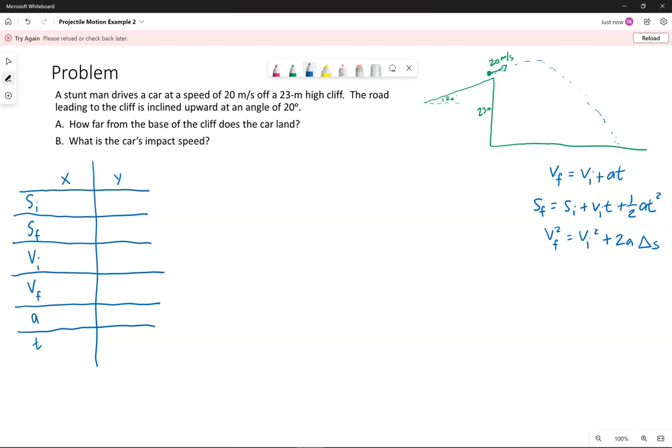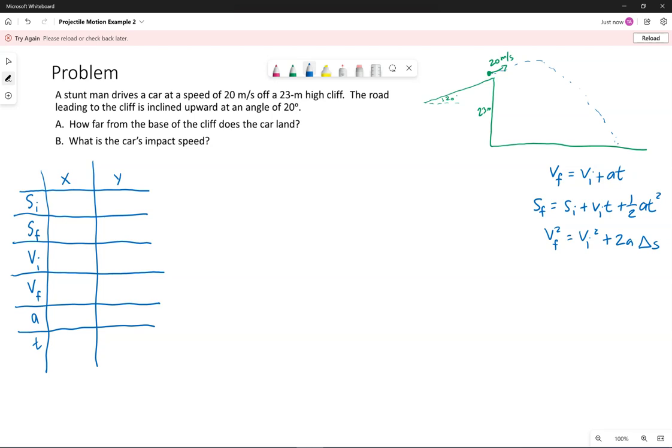But again, when the motion is not straight line motion, we need to look at X and Y individually. So I always draw a rough sketch, make sure I can recognize whether the motion is straight line or not, and then also knowing acceleration is constant.